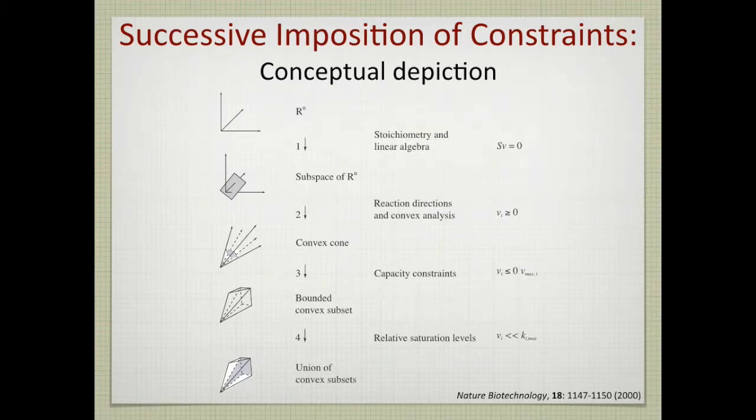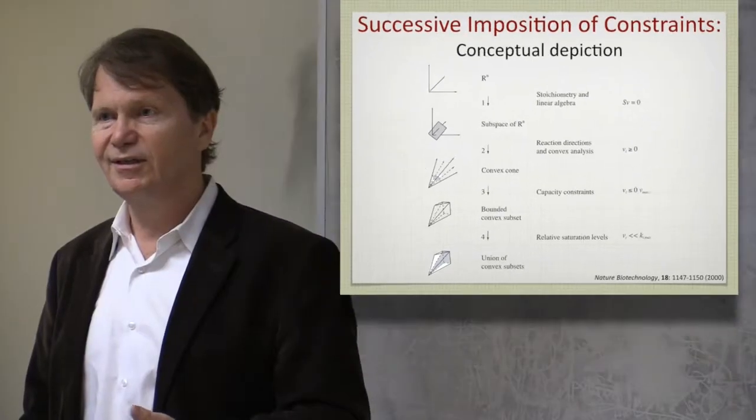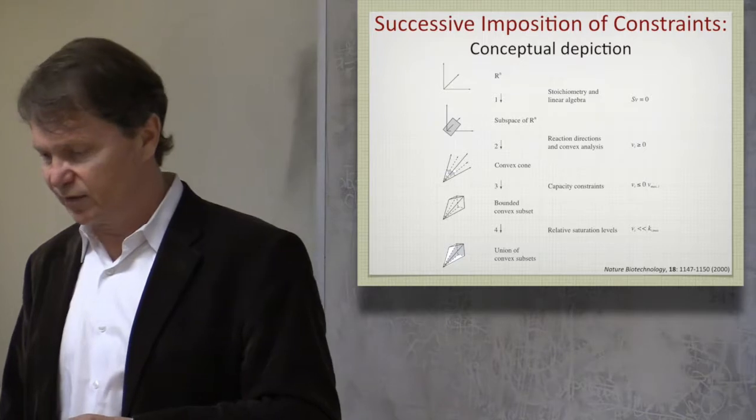And then there is a selective group of kinetic constants you can actually impose that'll segment that space, and it'll build from it a union of convex spaces that in their totality may not be a convex space. So that's the idea of using constraints, is to successively impose them. And of course, you really always want to impose the most dominant constraints. It doesn't make sense to be imposing redundant constraints because that doesn't do anything for you.